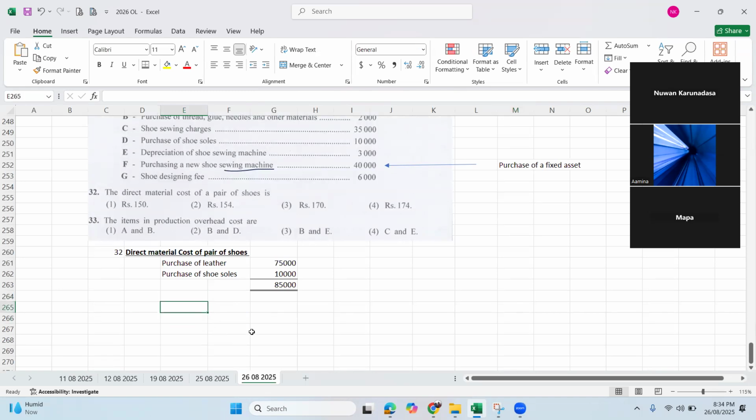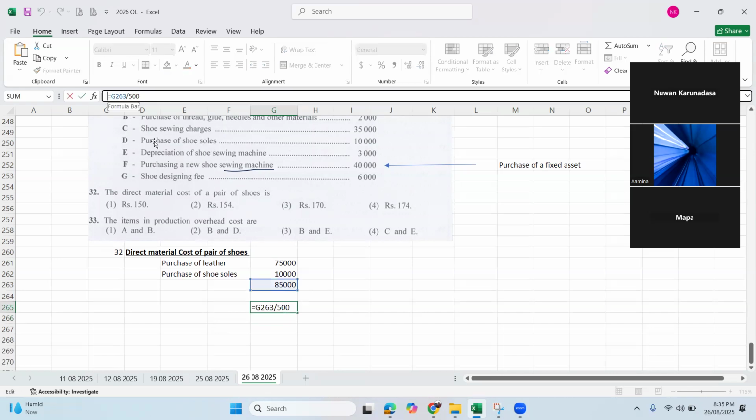So direct material for per pair of shoes equals 85,000 divided by 500. Right, answer is 170,000. Right?